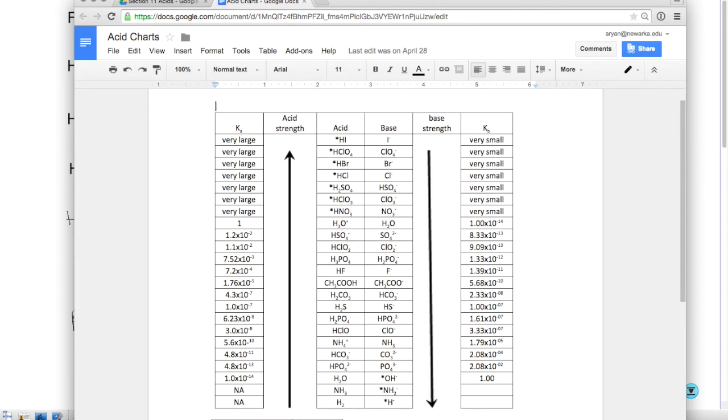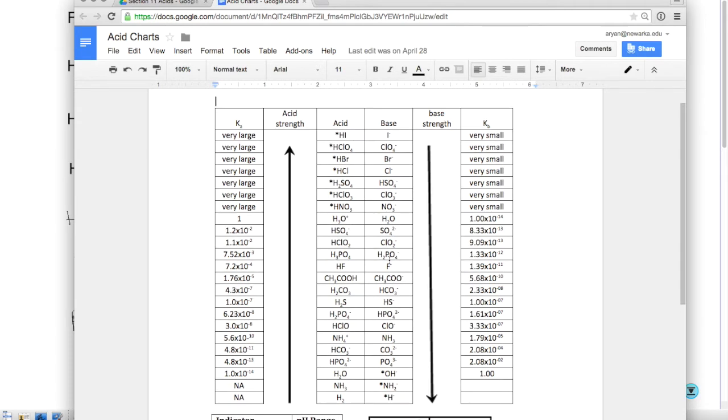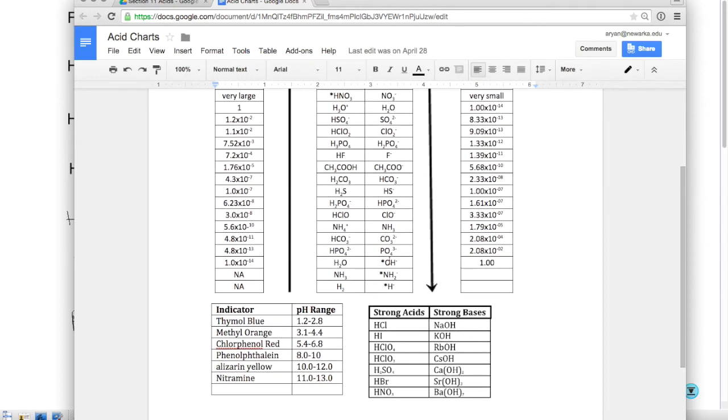Moving on down, we said that water is a very weak acid. And then, so notice that acid strength increases going this way, base strength increases going this way. And notice that whatever this is the conjugate. So the conjugate of a very strong acid is a very weak base, okay? And you see the kind of relationship there. All right?